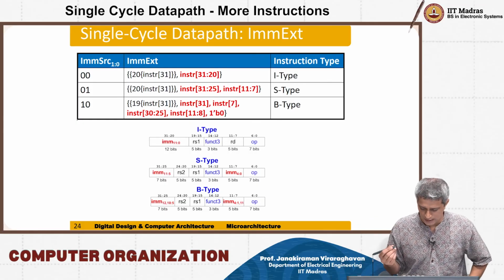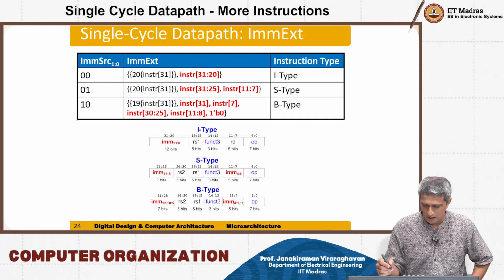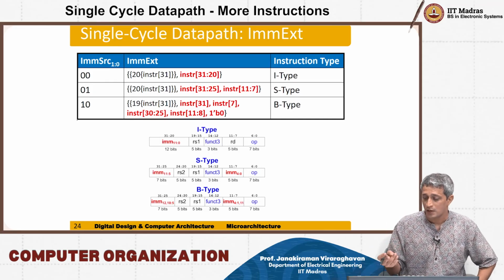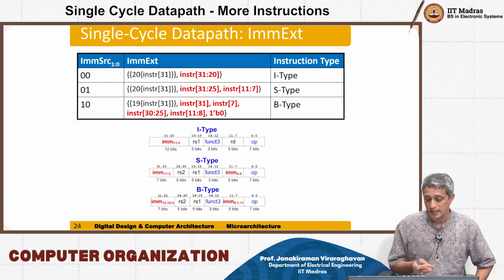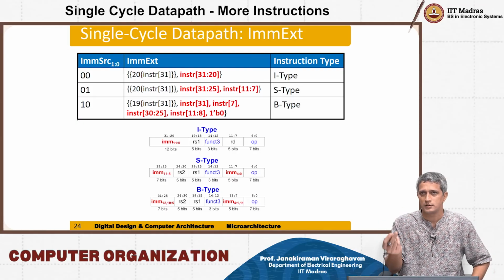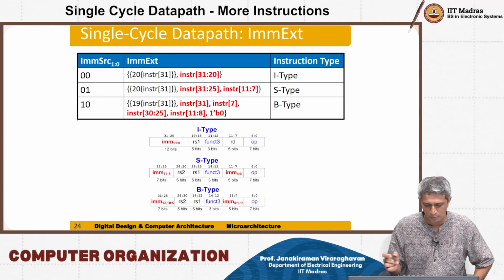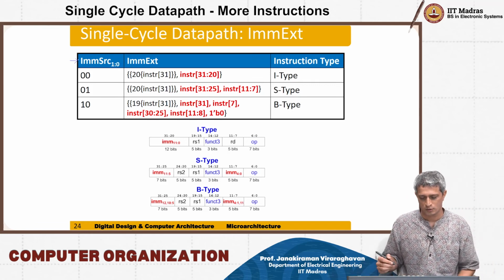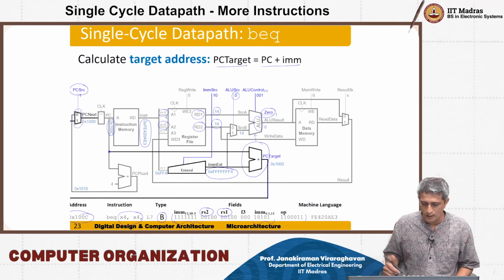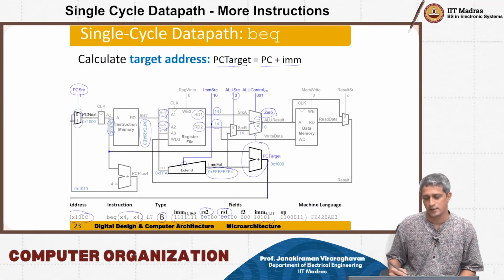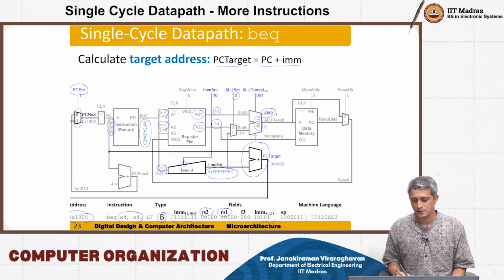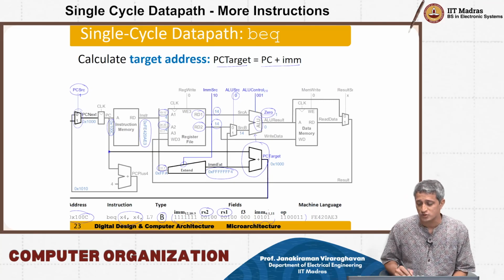So again, what is highlighted here is basically how, for the I type, S type and branch type instructions, the immediate data is going to be decoded. We have this immediate source, IMM source 10, that is going into this sign extender. It will take bits all the way from 31 to 7.